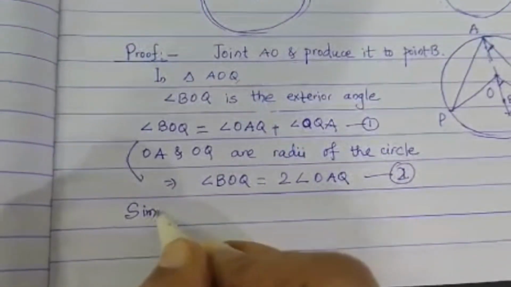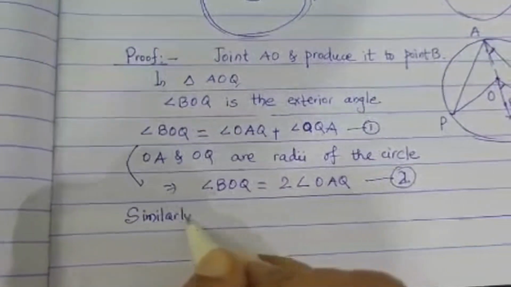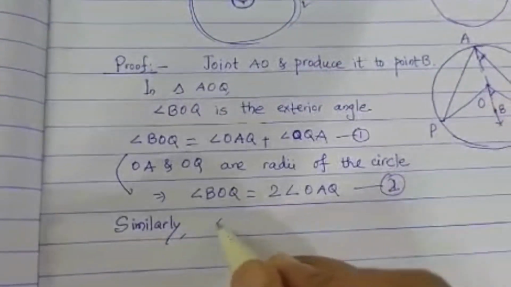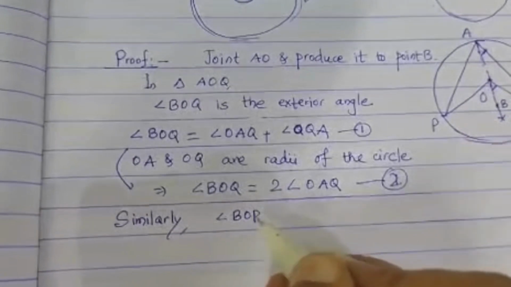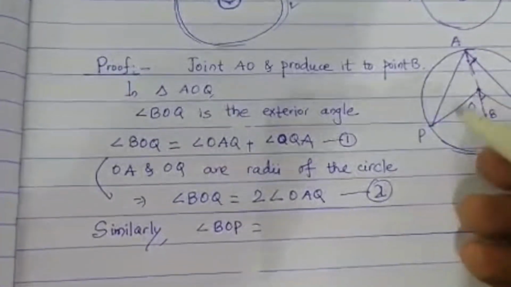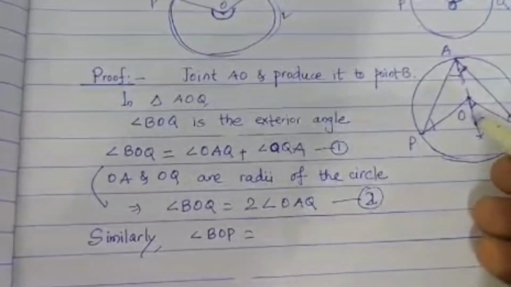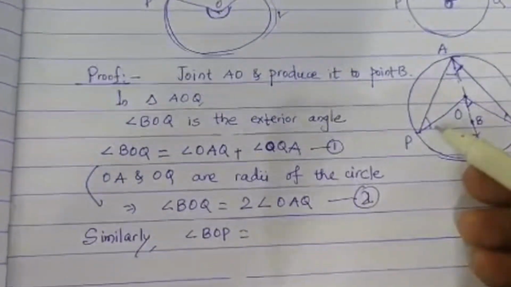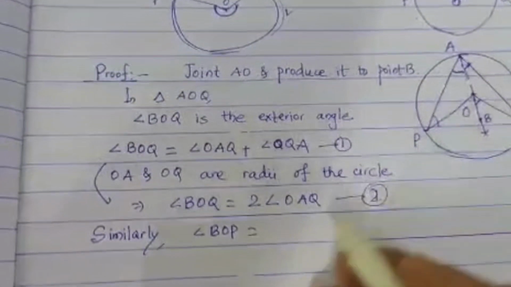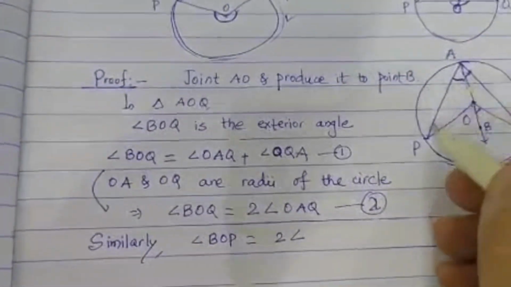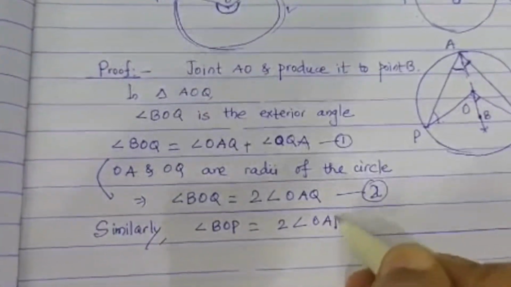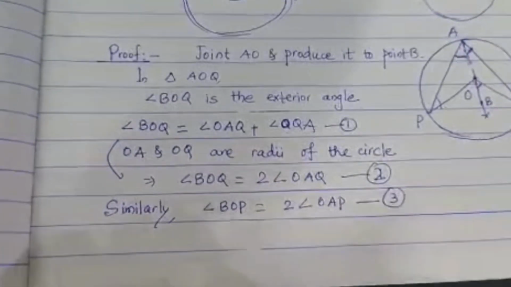Similarly, we can write angle BOP is equal to this angle plus this angle. If I am writing directly, then angle BOP is equal to twice angle OAP, and let us consider this as equation 3.